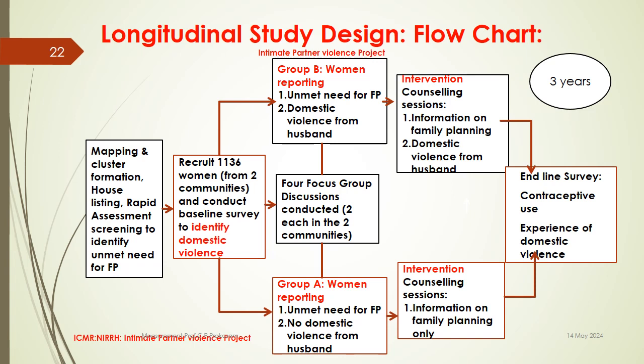Then this will give you the diagrammatic picture, that is the flow chart of a longitudinal study, how it will look. Initially we identify the households, and then we recruit the women who are exposed to violence, and then divide them into two groups: an experimental group and a control group. Then we conduct the focus group discussion, the intervention is followed, and the end results are measured.